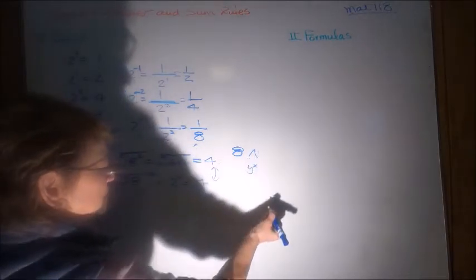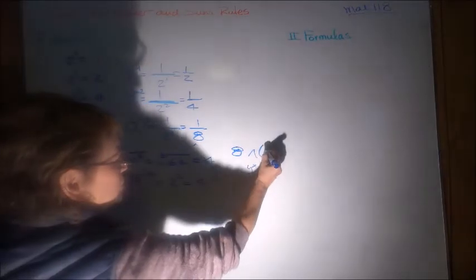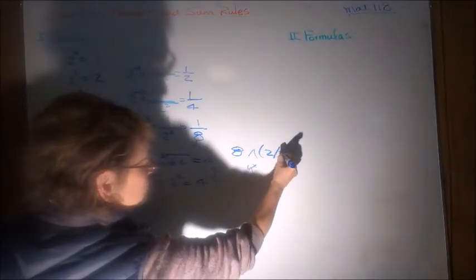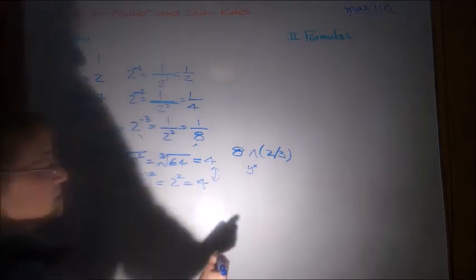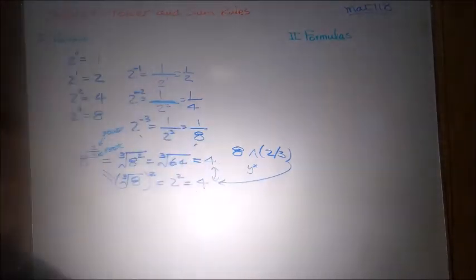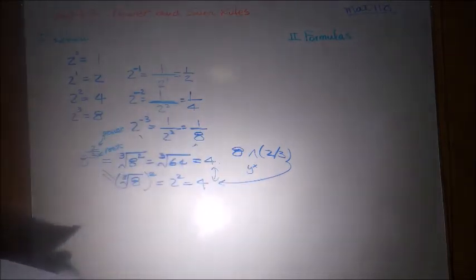Y to the X or X to the Y, something like that. So then you do what? 2 thirds power means what? 2 divided by 3. Try that. See, you should get 4 as well. You need to get familiar with your calculator.